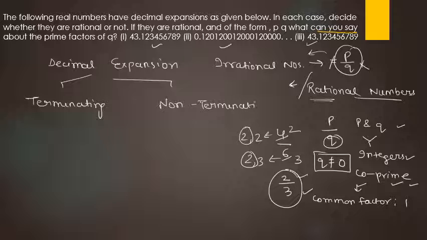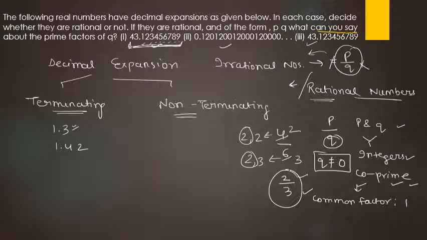So basically, terminating decimal expansions are those which terminate. Let's say 1.3 just terminates after 1 decimal place, 1.42, or even you can take the example of this decimal expansion. It is terminating after 9 decimal places.